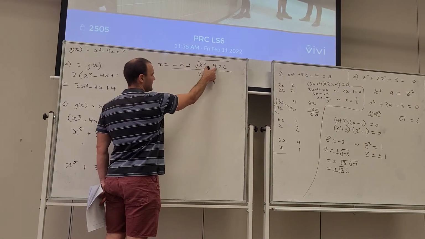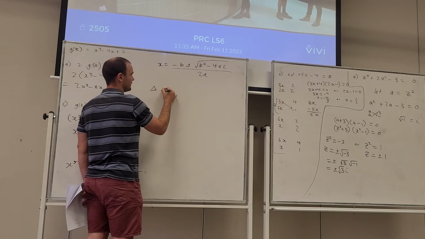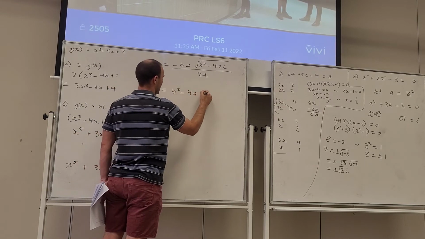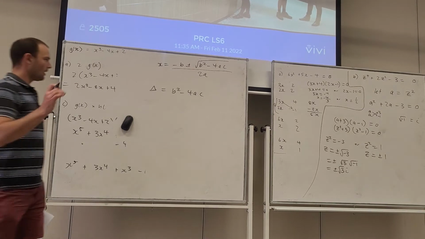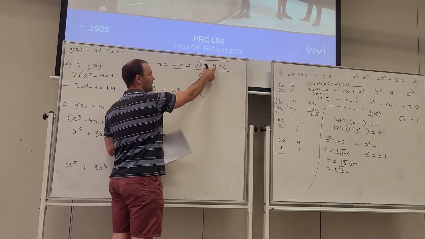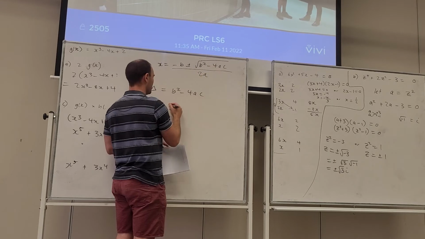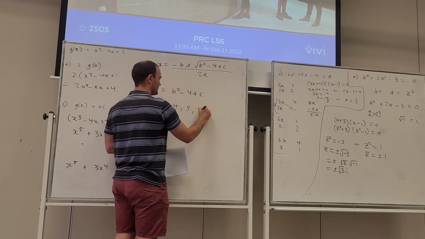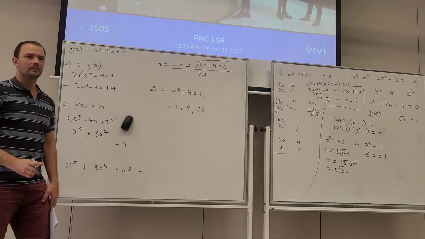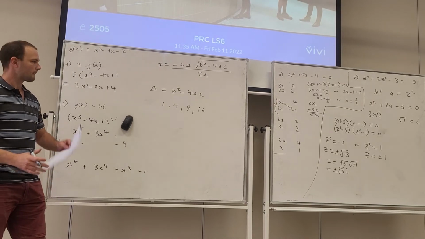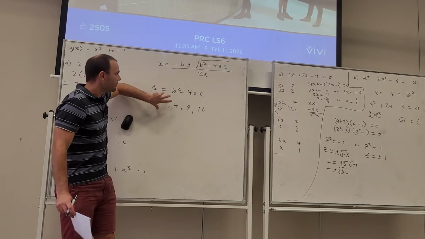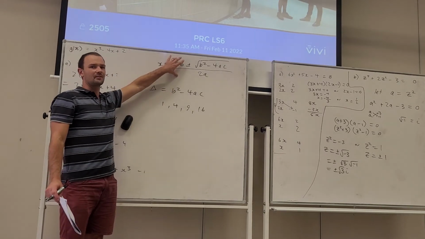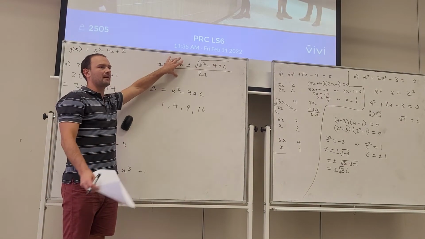Now this part in here is what we call the discriminant. It's b squared take 4ac. Now, if b squared take 4ac is a square number, okay, so a square number, 1, 4, 9, 16. These are the square numbers. They are 1 squared, 2 squared, 3 squared, 4 squared. Then the quadratic has rational roots and it can be factorized.